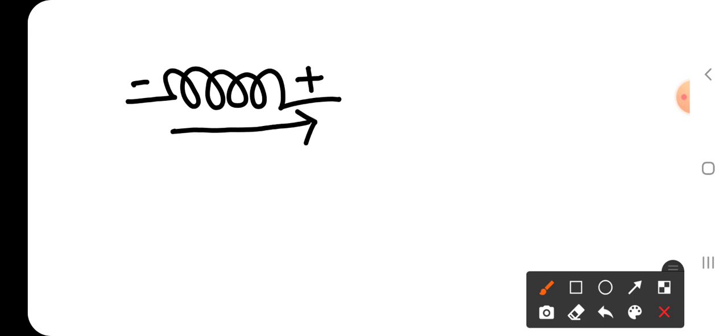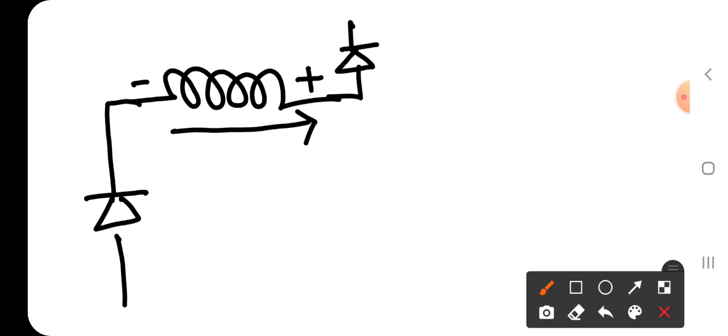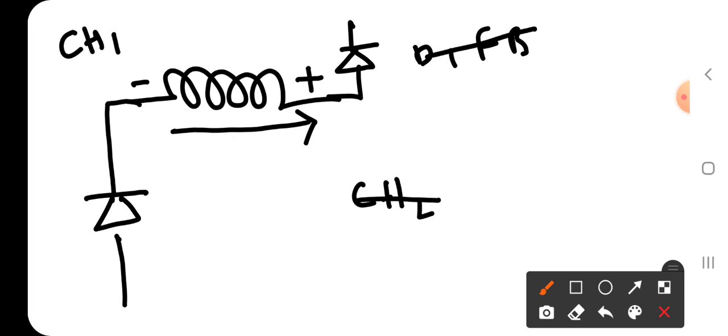The current will be flowing in the same direction, and here I have one diode like this, and here I have another diode like this. Therefore I can turn off any one of the choppers.